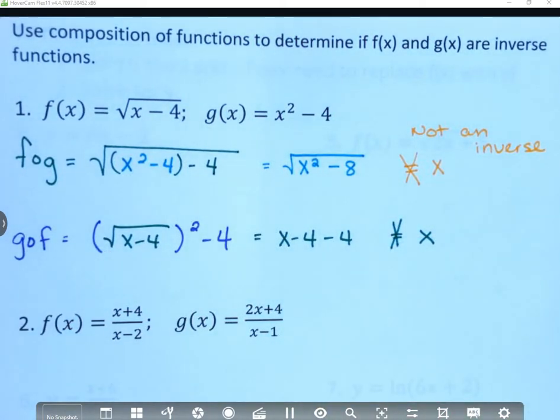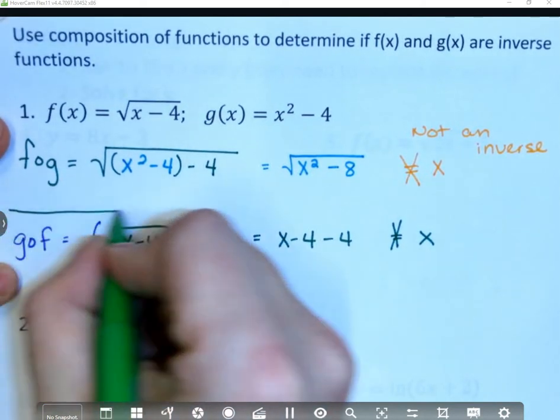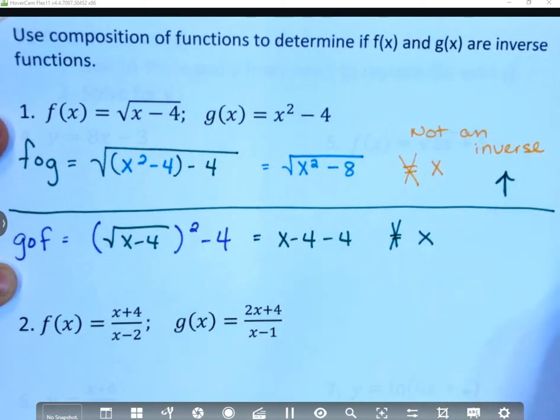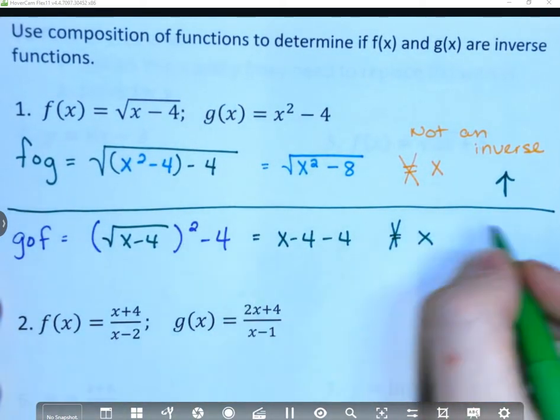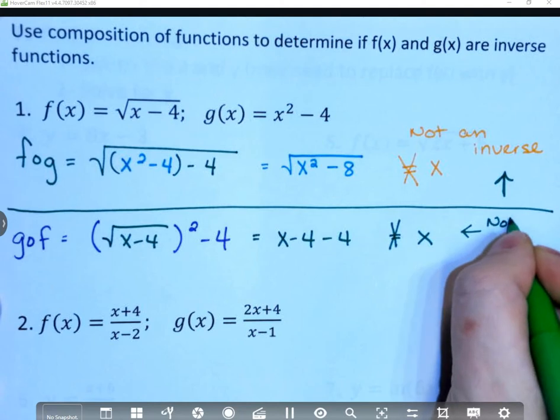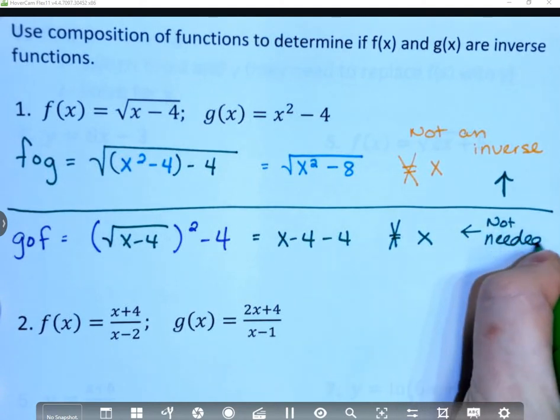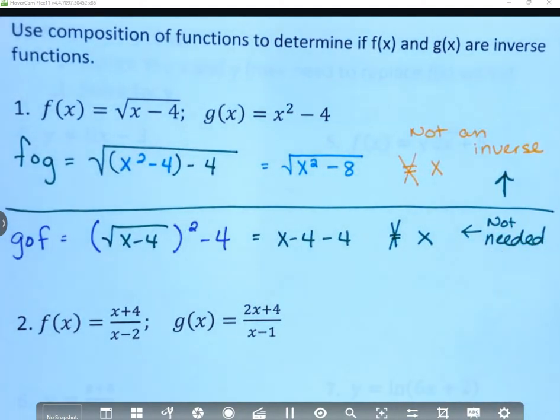If you are showing whether or not something is an inverse, and you find that the first way doesn't work, this second part is not needed. You don't need to do the other way. Okay? Since the first one came out as not an inverse, you don't need to do the second one.